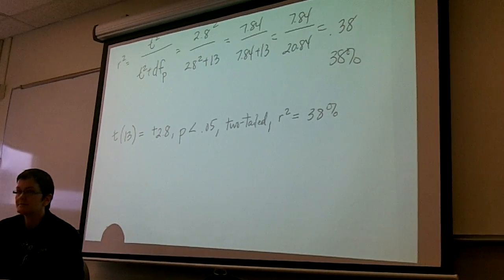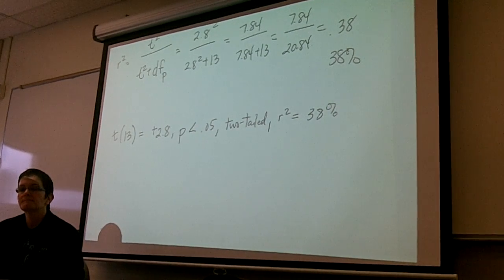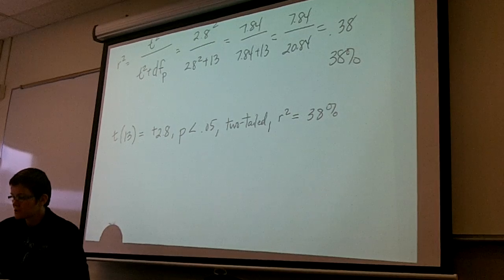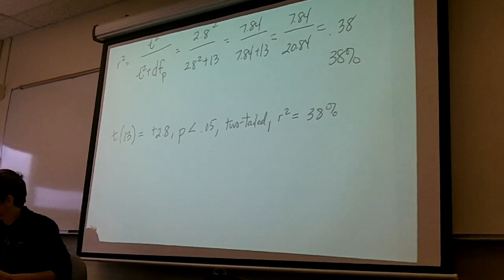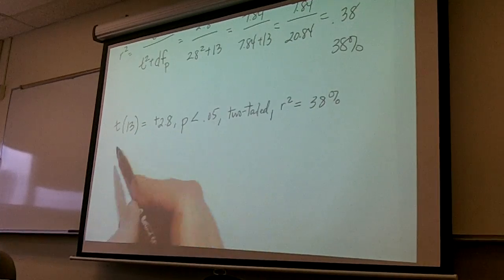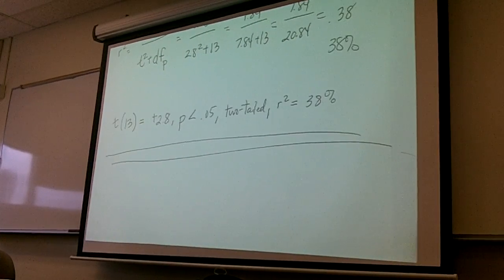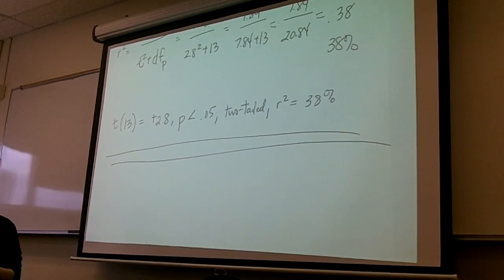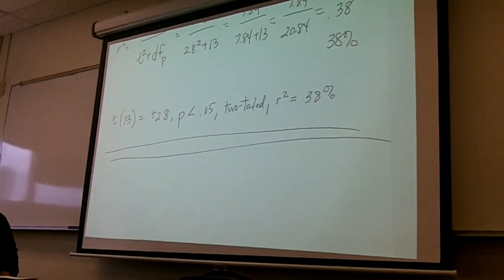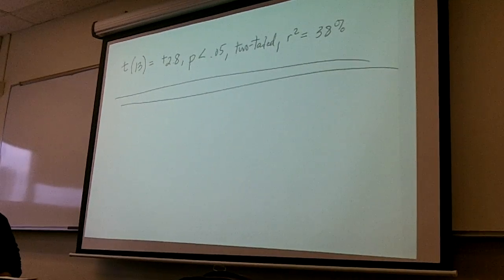Any other questions? Yes? Well, could you do the Fmax test for the data in number 3? Sure. I'd be glad to. Okay. So in number 3, it says we should do an Fmax test.